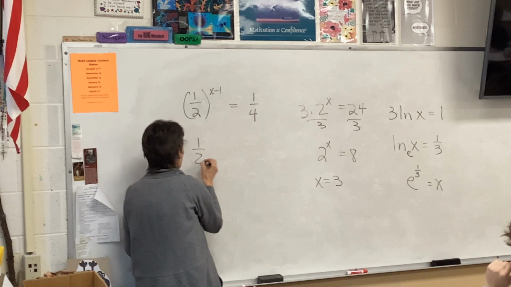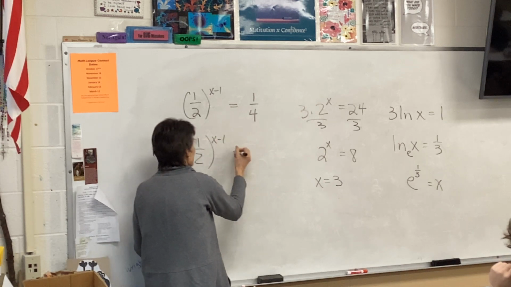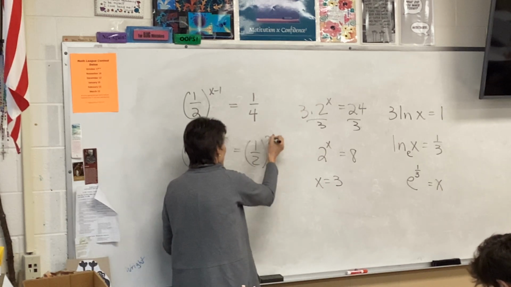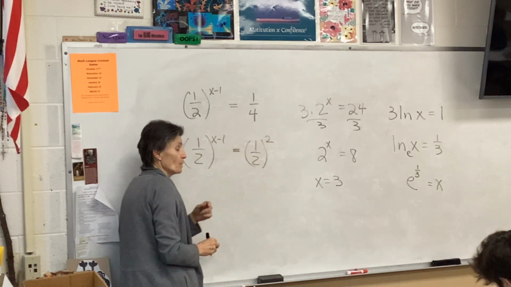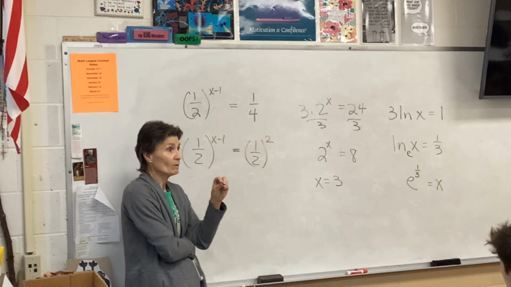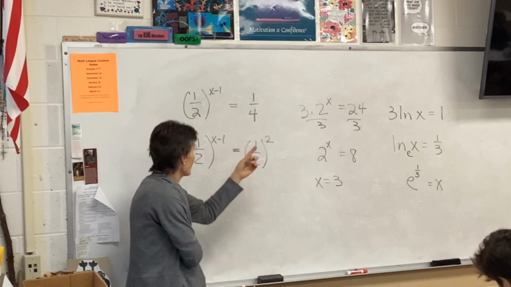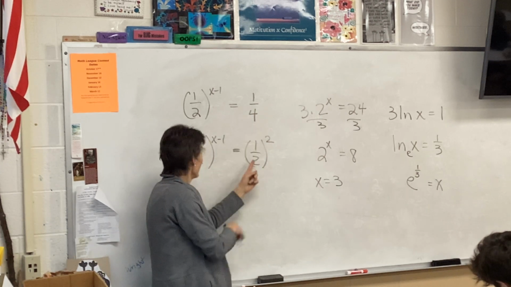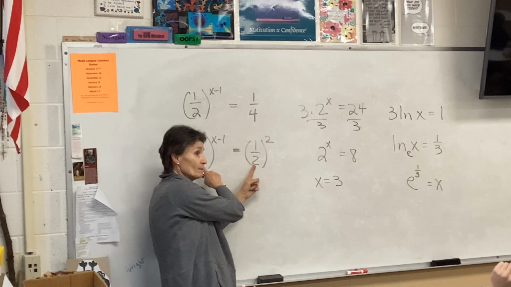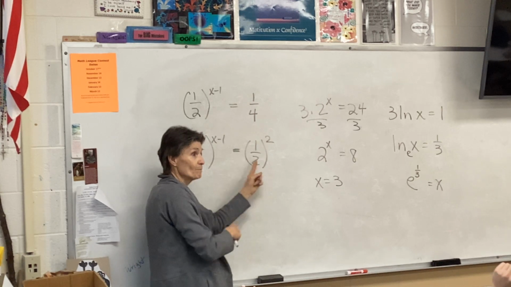So we have 1/2 to the x minus 1 equals 1/2 squared. Remember, without a calculator, everything's rigged. So we got a 1/4 here, which automatically I'm gonna be able to write with the same base, 1/2 to the second.